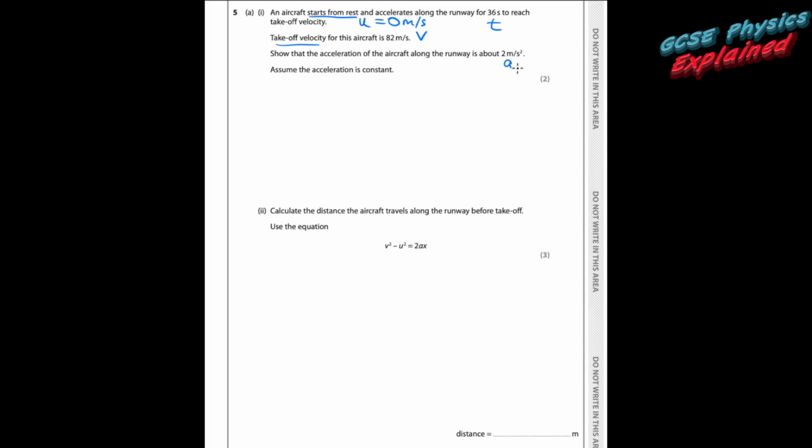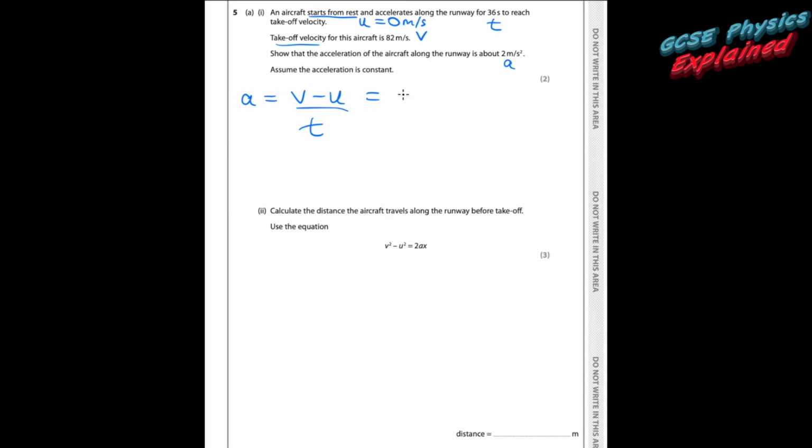Show that the acceleration is that. Even though it gives us the acceleration, we have still got to work that out to prove that it's 2. So acceleration is v minus u over t.